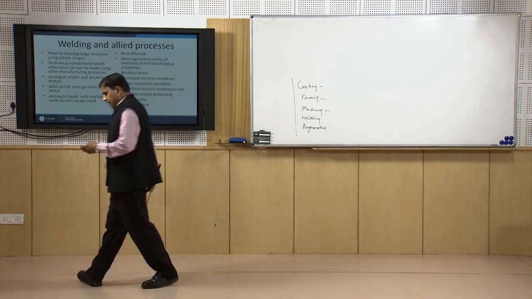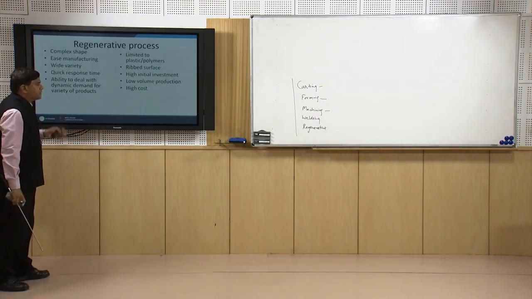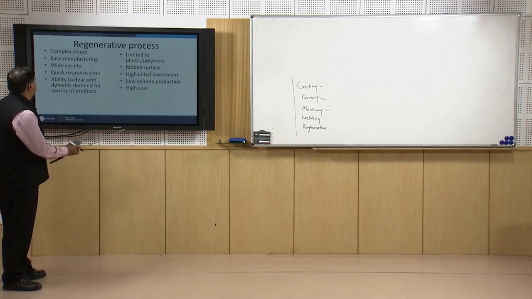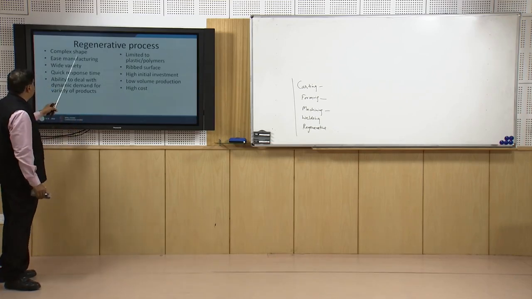Regenerative process is another category of the manufacturing process. This is a newer category, wherein complex shapes can be very easily produced.